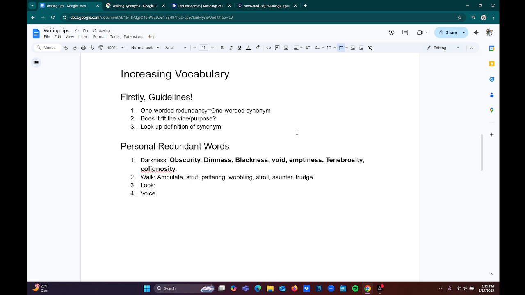Look, I know how, gaze, peer, shift. What was that synonym that I once used?